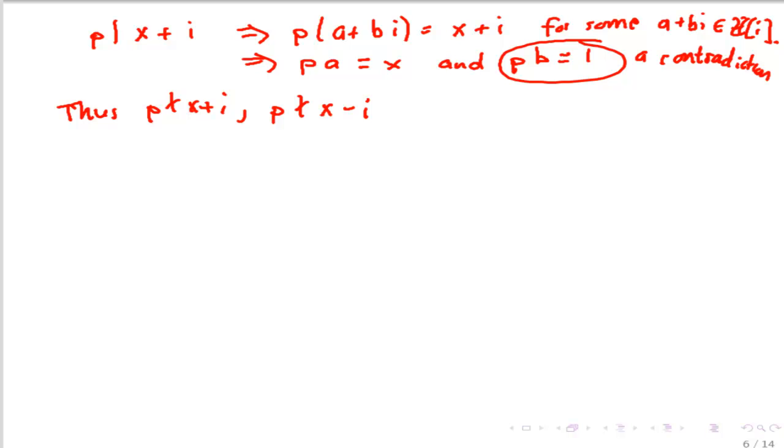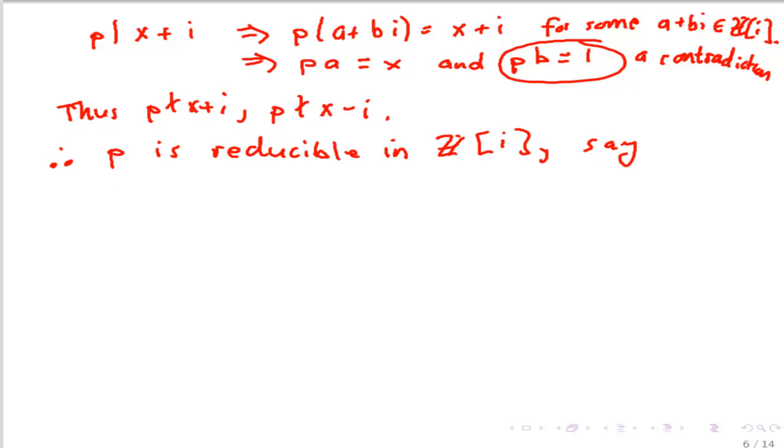Well, doesn't this contradict the Euclid type lemma we said? Well, no, it would only contradict it if p was an irreducible element. So therefore, p is reducible in the Gaussian integers. Now what does that mean?